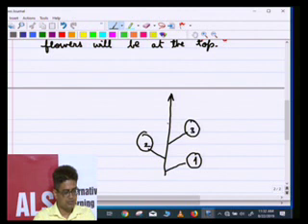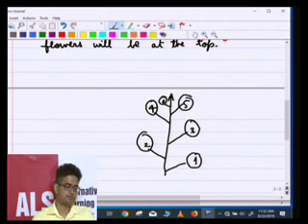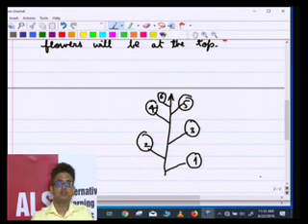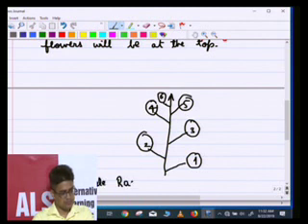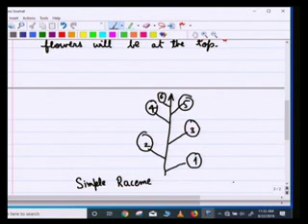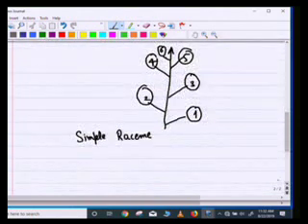This is the third flower, the fourth flower, fifth, sixth, and so on. Okay, so this is the racemose inflorescence. Simple raceme or racemose habit. This is the first type of inflorescence.